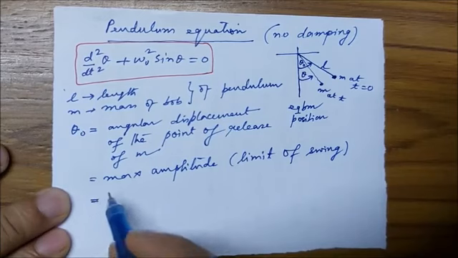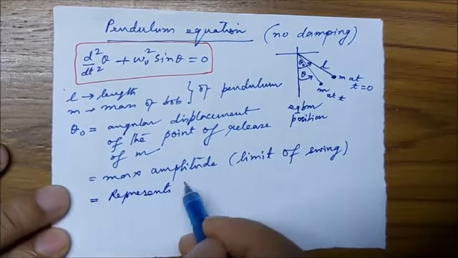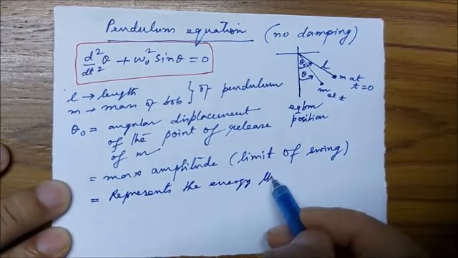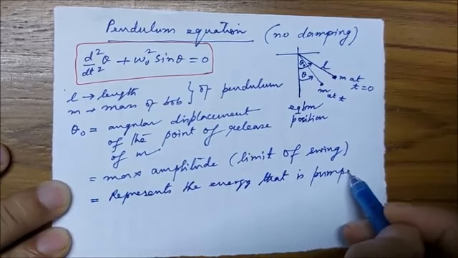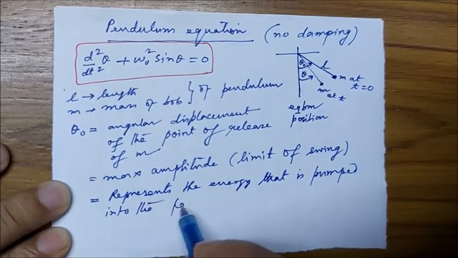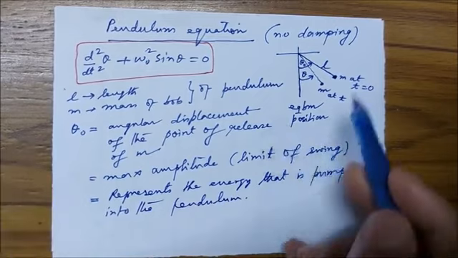and theta 0 also represents the energy that is pumped into the pendulum for it to swing.